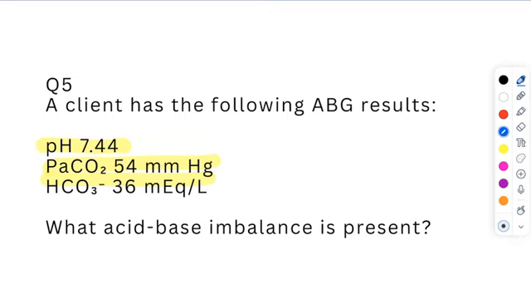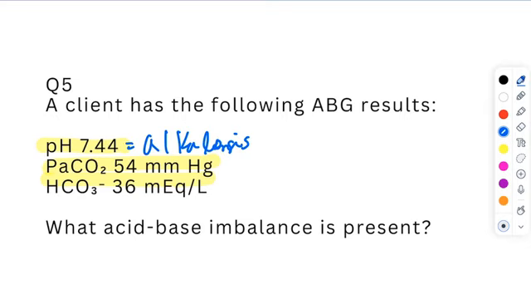And then we'll start. Okay, so let's start. So the pH is 7.44. So we're kind of like within the normal range, but leans towards the higher end. That's the reason why we're gonna call this alkalosis, right?